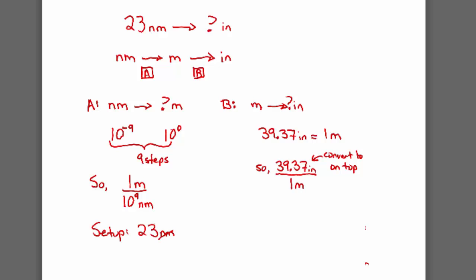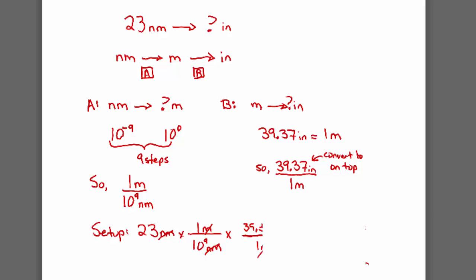So the setup for this conversion starts off with our given piece of information, 23 nanometers. Our length is going to be multiplied by our first conversion factor between meters and nanometers. I want to place nanometers in the denominator since that is the unit I want to cancel, and meters will be in the numerator on top since that is what I want to convert to.